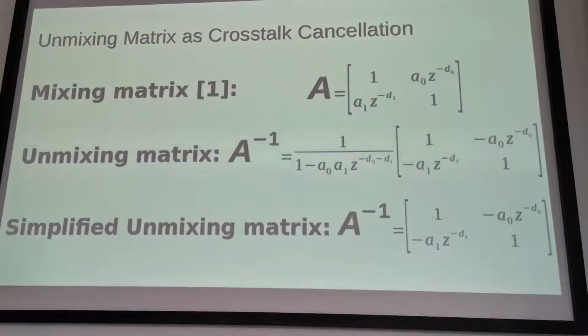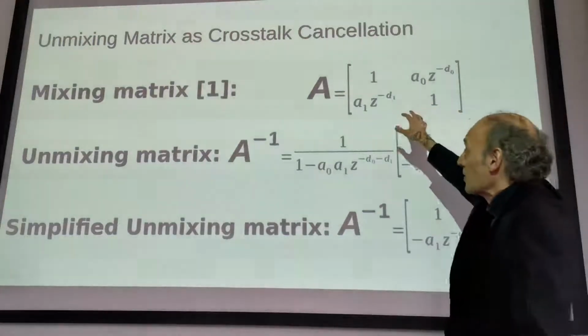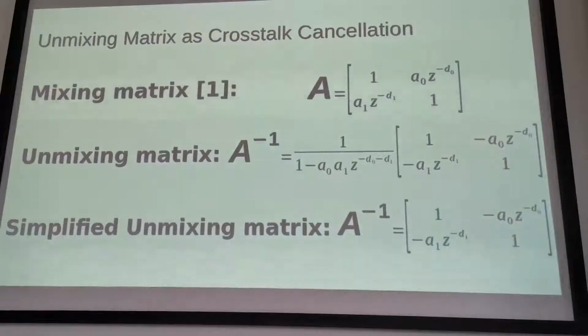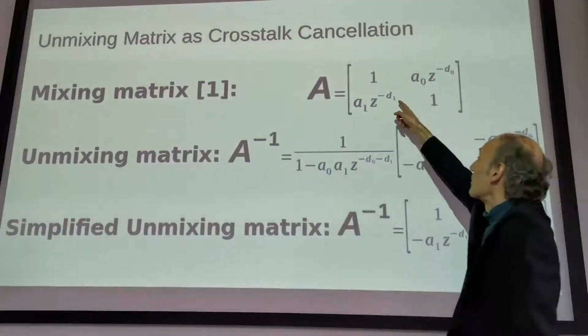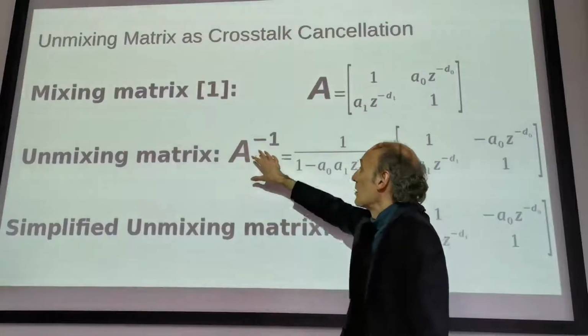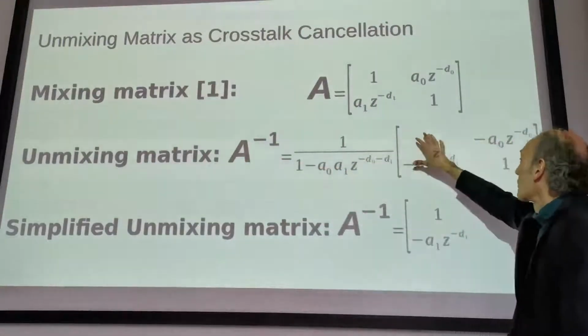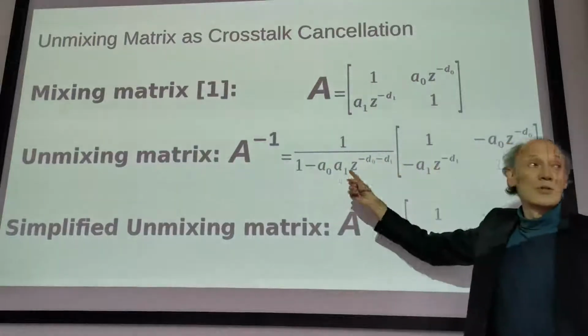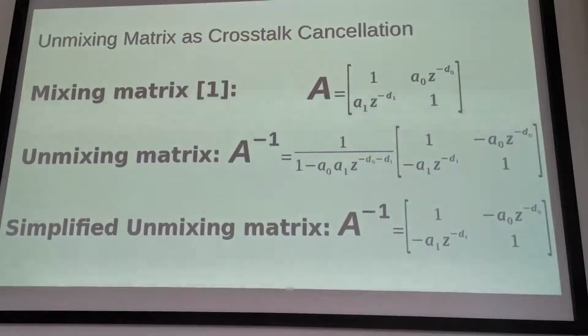Yeah, and here is the formulation using matrices. So this is the mixing matrix. Basically, this is what's done in the air, right, from the speaker to the microphones. Here you can see the delays and the attenuations. And then we just need to find the inverse system, which looks like this. So you can see actually there's also this determinant here, and we actually neglect this determinant because it doesn't really matter for separation.